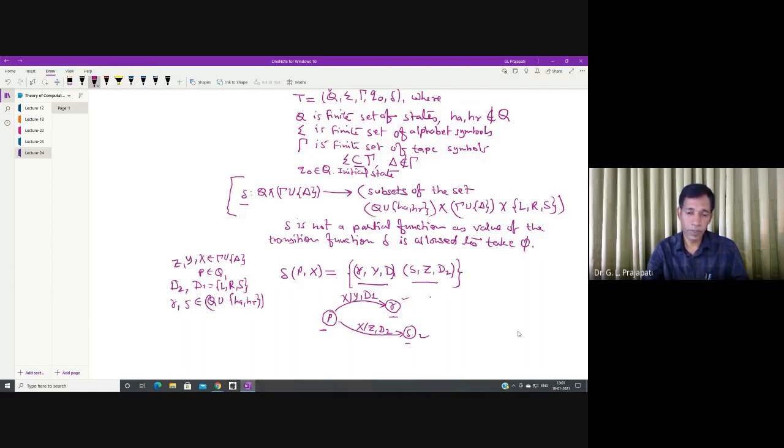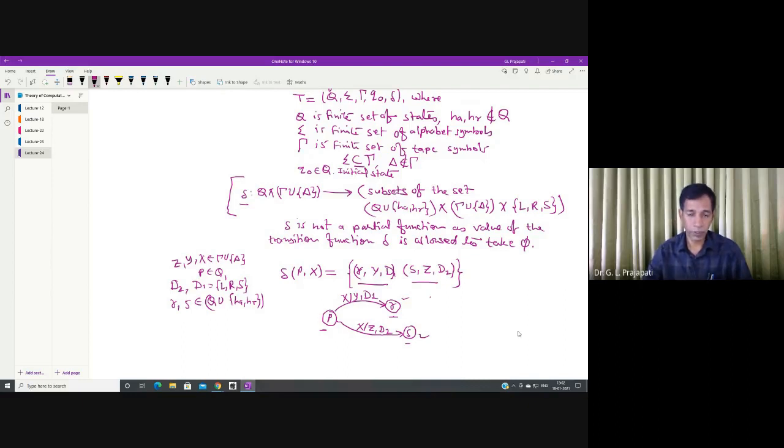So the machine is going to make the choice whether to go to the state R or to the state S, and according to the transitions, you modify the tape symbol and move the tape head. You know that the deterministic Turing machine is the trivial case of the NTM, the non-deterministic Turing machine, where you always have a unique output.